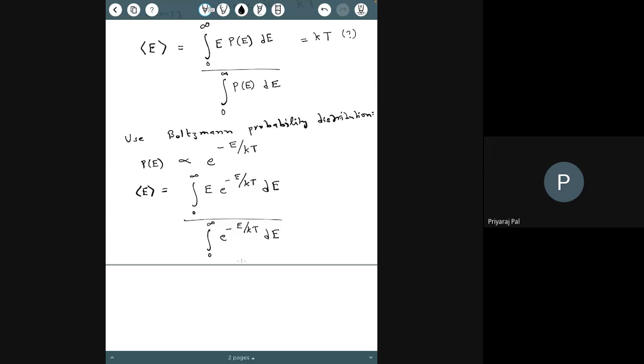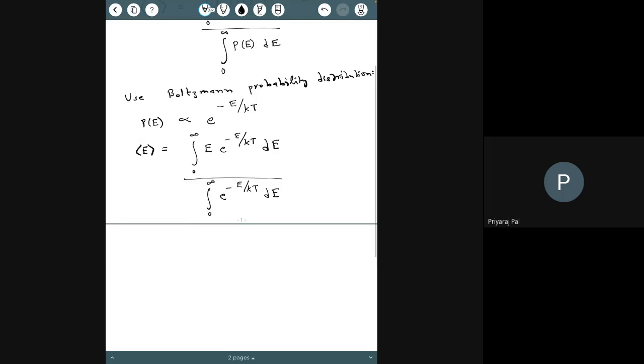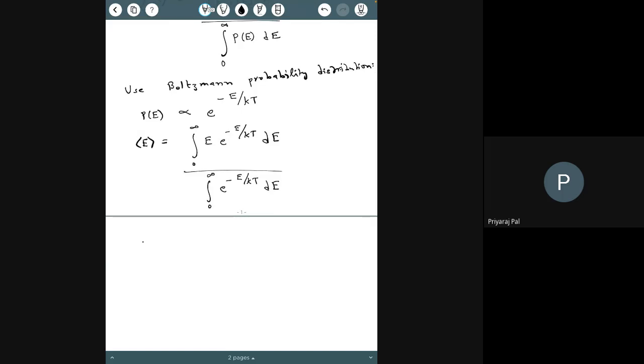Okay. So let's look at the form of these integrals. If I say E is my x variable, then we have x e to the power minus ax dx. Here, what have we considered?